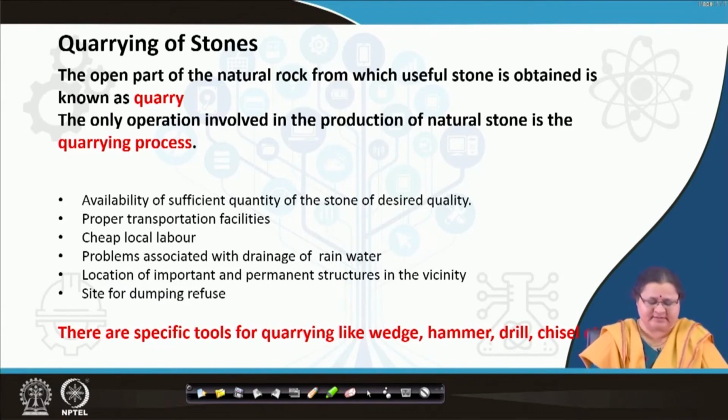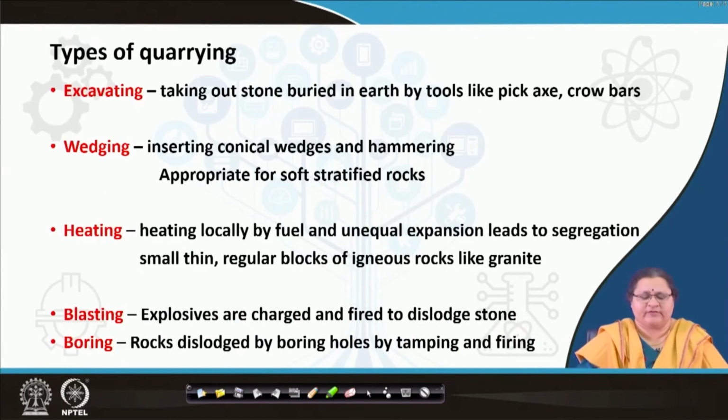Obviously all these are to be checked before initiating a quarrying process. There are specific tools also for doing the quarrying, and they are wedges, hammers, drills, chisels, and specialized tools. If we look into the types of quarrying, one is excavating, taking out stone by use of pickaxes and crowbars, and you can take it out from under the earth.